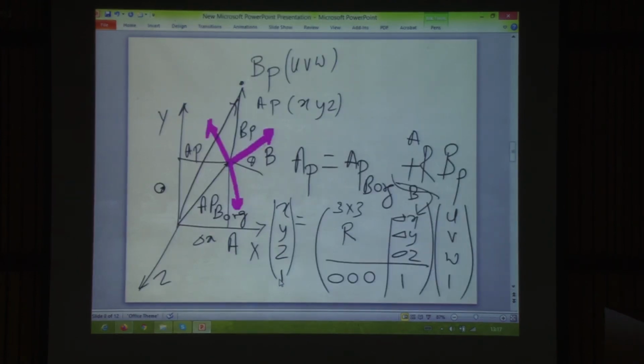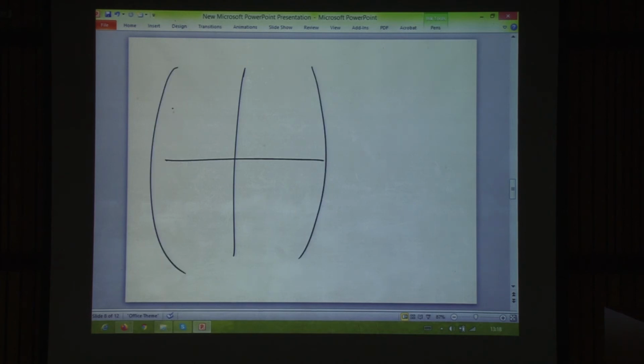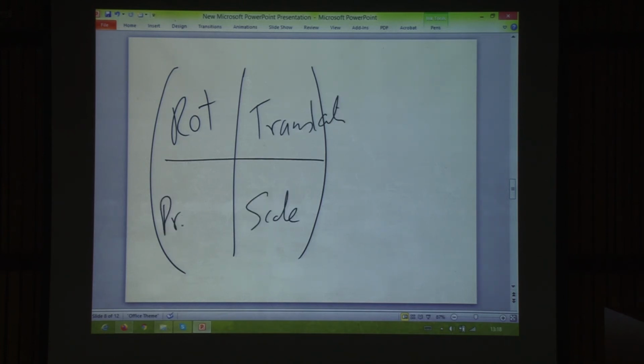Now something important here is that this is called the rotation part, this is called the translation part, this is called perspective, and this is called scale. So this matrix has 4 parts and 4 names.